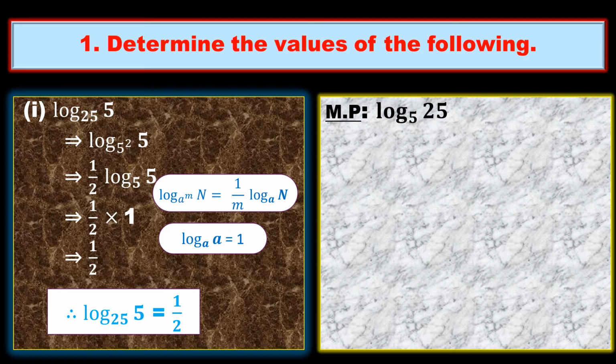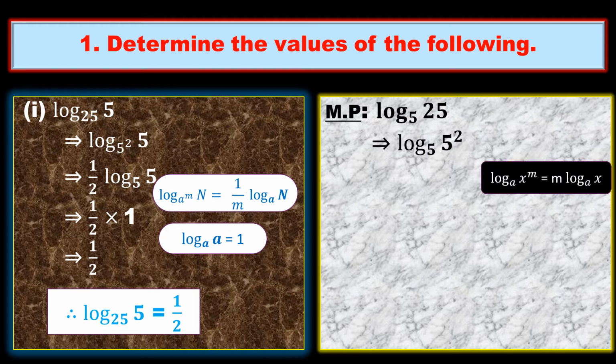Simple. Here depending on this number you should write this 25. So I can write 25 as 5 square. Now when these are same, this is power, so I can send this power to the front, right? So log a power m equal to m log a.